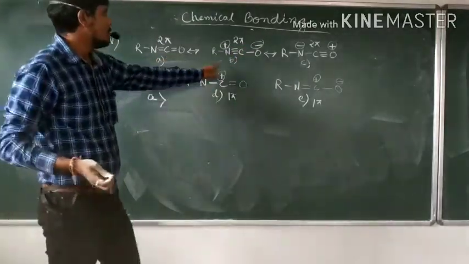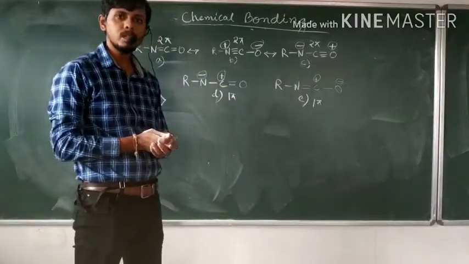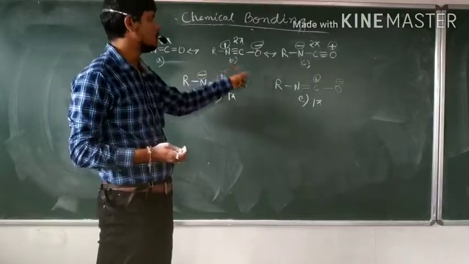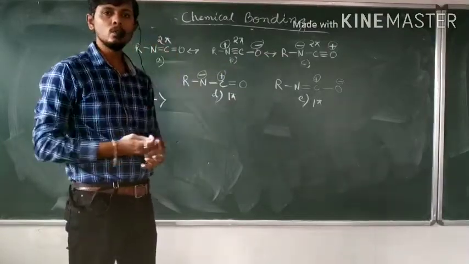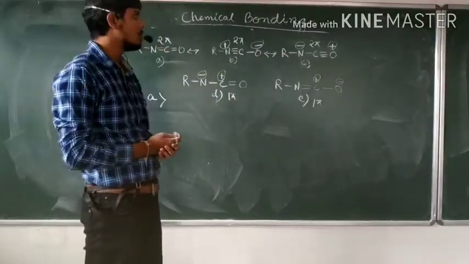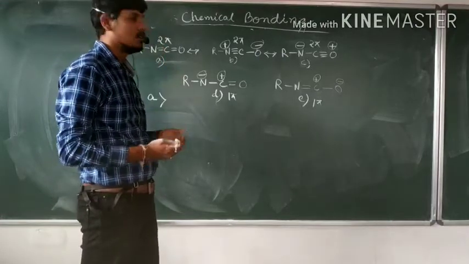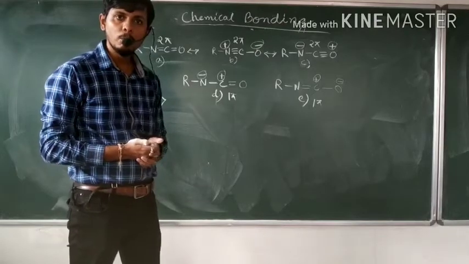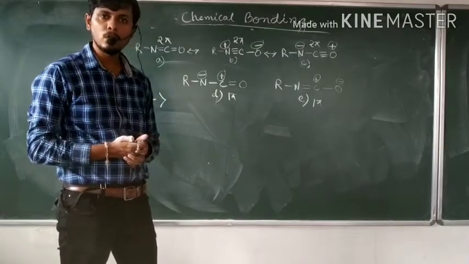So now let us see between B and C. Rule 1, same pi bonds; both have formal charges. Let's go to rule number 3. According to rule number 3, the negative charge should be present on the more electronegative atom for more stability.